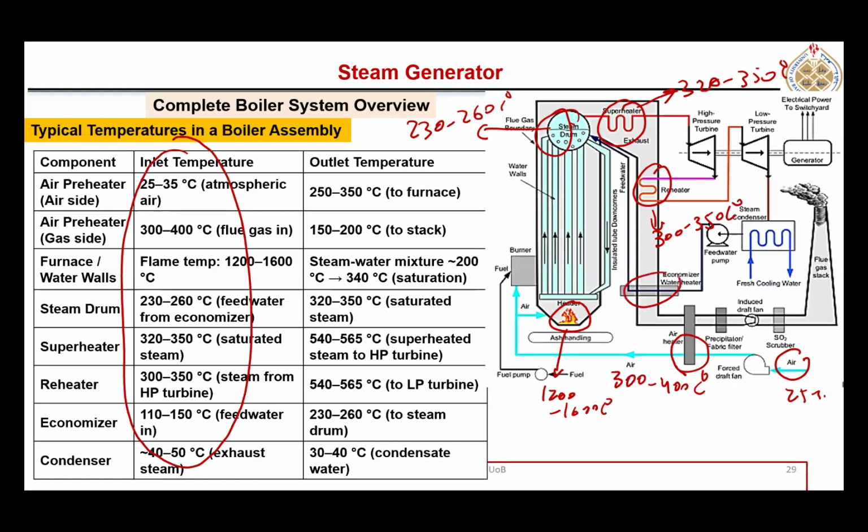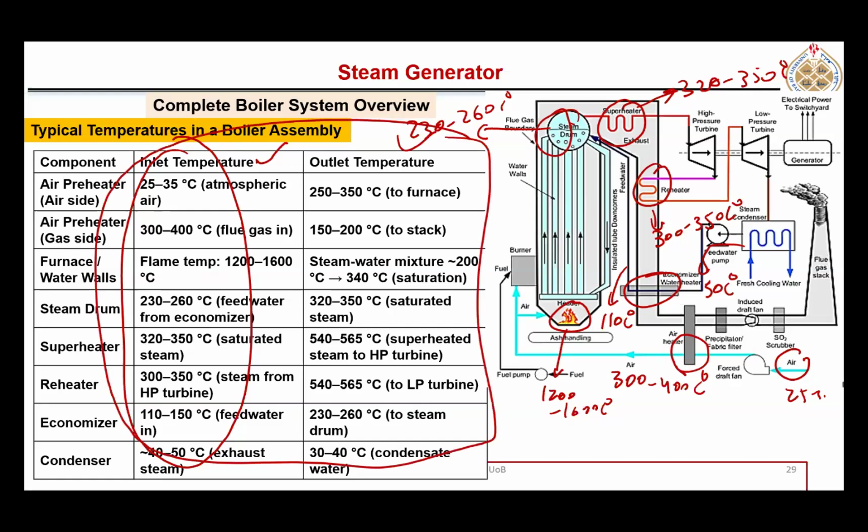Then in the economizer, the water is heated up to 110 to 150 degrees Celsius. In the condenser, the water is coming at around 40 to 50 degrees Celsius. So those typical temperatures are mentioned, inlet to outlet, right? Here just one particular typical example is shown.